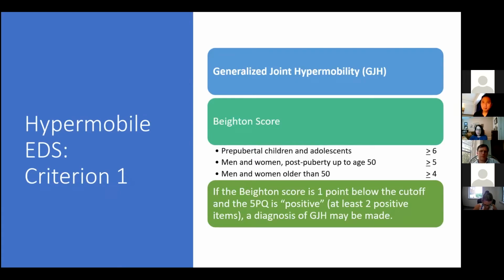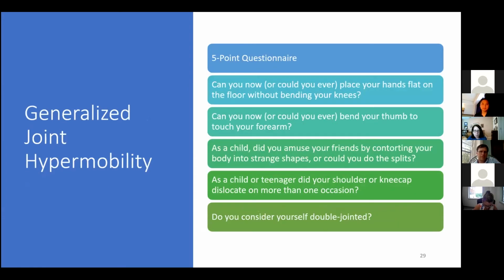And so if a person is 1 point below the cutoff for the Beighton score and they have 2 positive items on this 5-point questionnaire, we can kind of push them over the finish line and say, okay, we'll call this generalized joint hypermobility in this person.